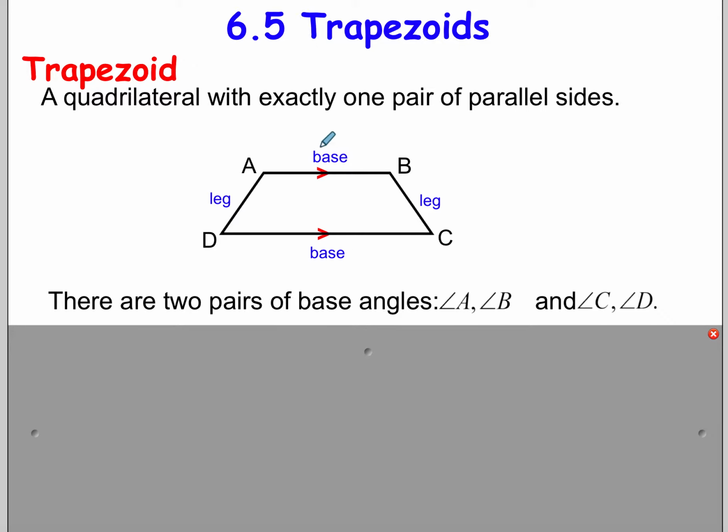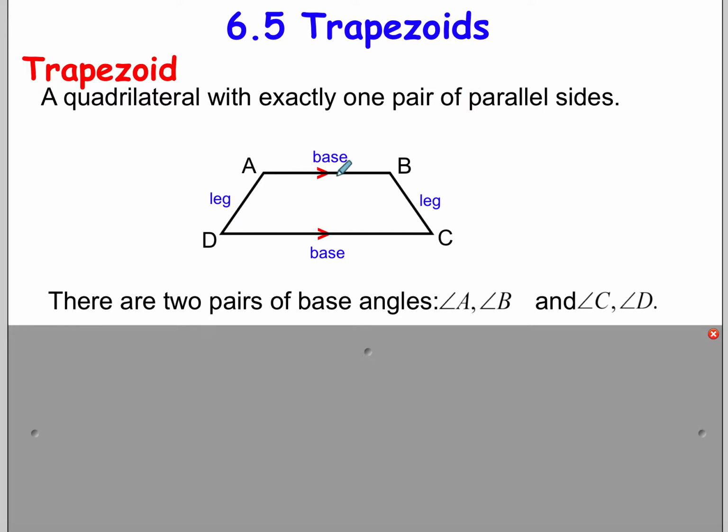The sides that are parallel we refer to as bases, and the sides that are not parallel we refer to as legs. So we can get very specific about the different parts of a trapezoid.